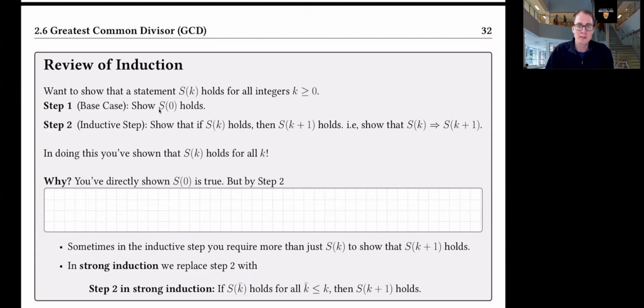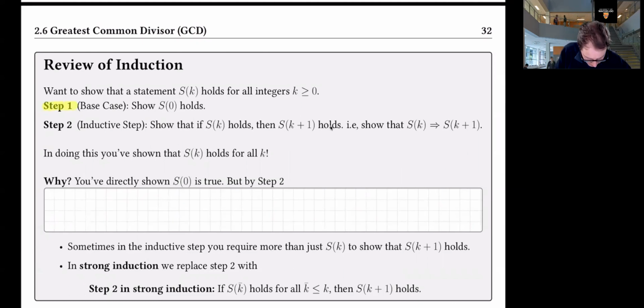The way we do that is we show it holds for S0, so a base case, right? It generally will be S of 0, but it could be S of 4 or something like that. And then we say, suppose it holds for Sk, then we can show it holds for S of k plus 1. That's called the inductive step.